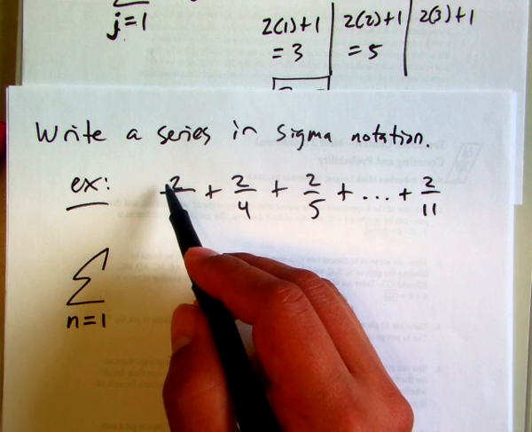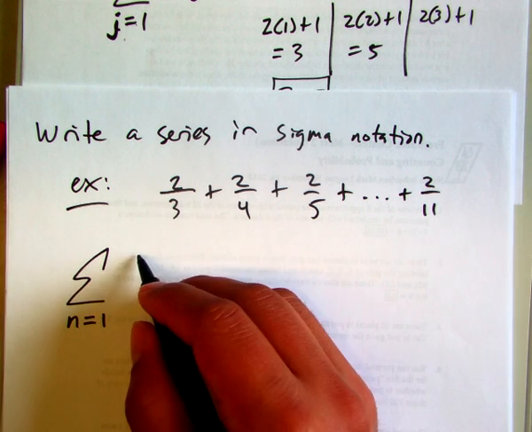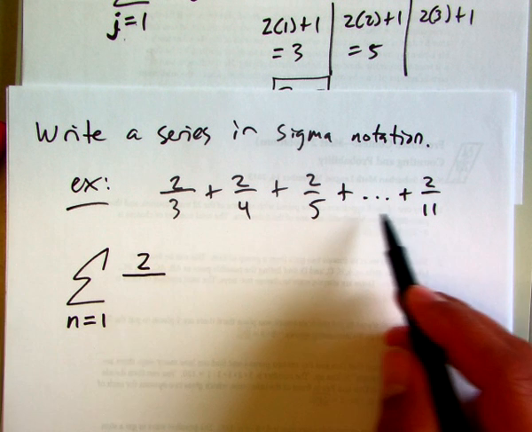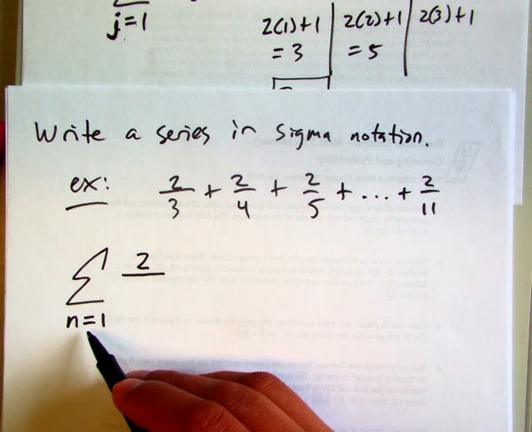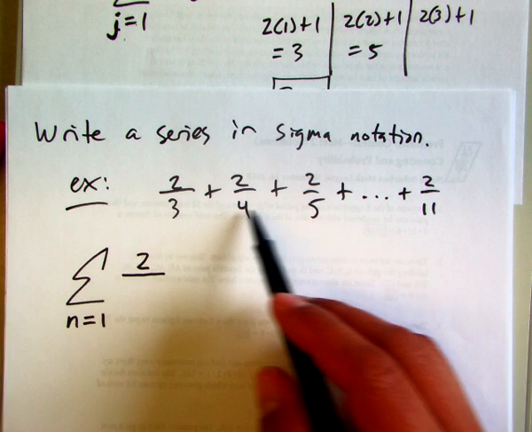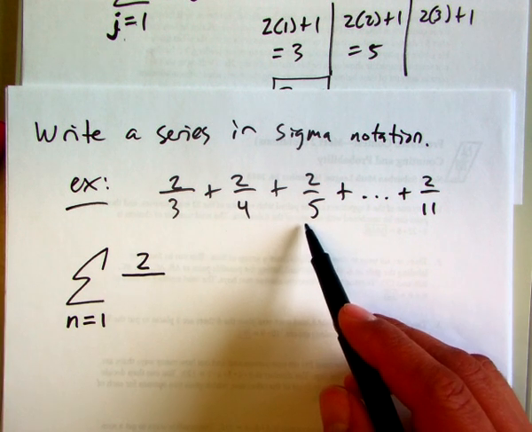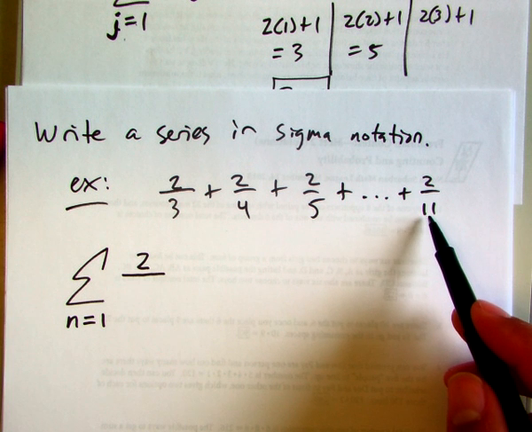So if you look at the numerator, you see that the numerator is always 2, so that's going to be 2. But the denominator seems to be changing, so that's where I put my variable n. Okay? And if you look at the numbers here, you see that they're all going up by 1, 3, 4, 5. Next we'd have 6, 7, 8, 9, and then all the way up to 10 and 11.